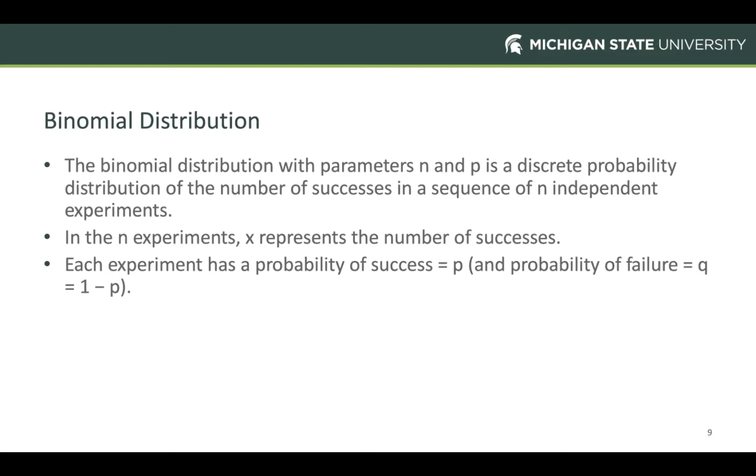And then in that instance, we can define a success. It's arbitrary whether or not success has a good or bad connotation here, but that would represent that observation falling into some specific group of interest.